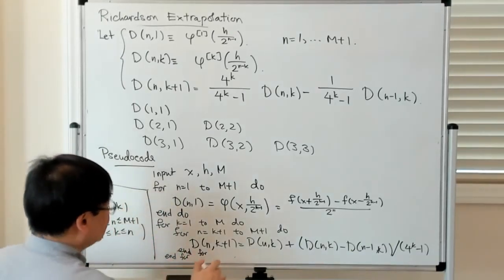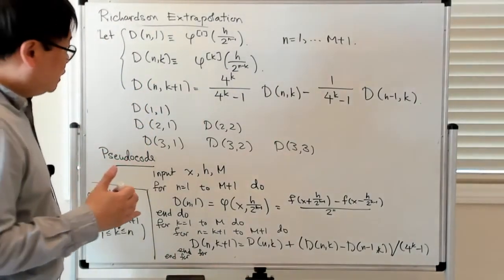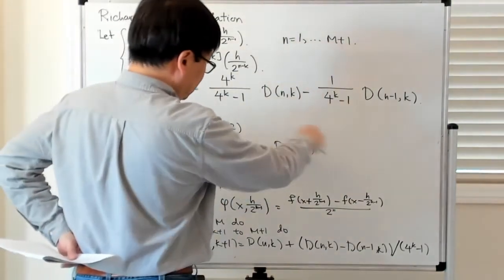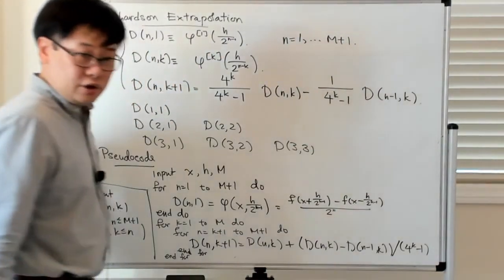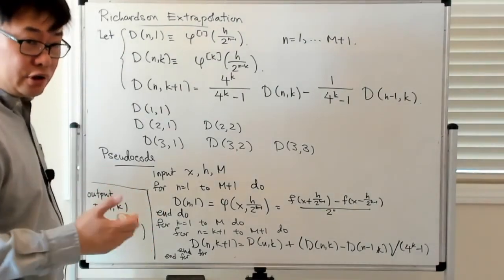But obviously, if all you care about is the final answer, you just want the bottom rightmost entry of that matrix. Okay, so that's the basic setting. We're doing Richardson extrapolation.